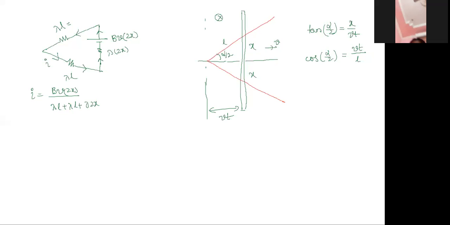That implies di by dt is E minus IR by L. Making it variable separable, we get di by the regular expression equal to dt by L.